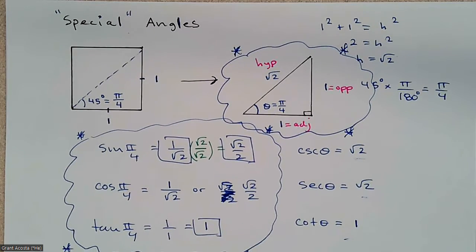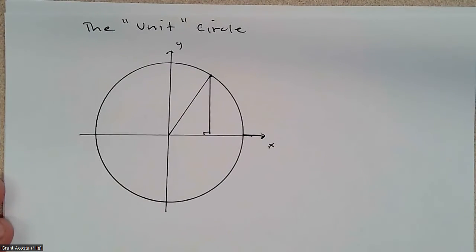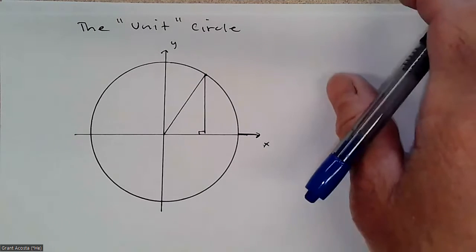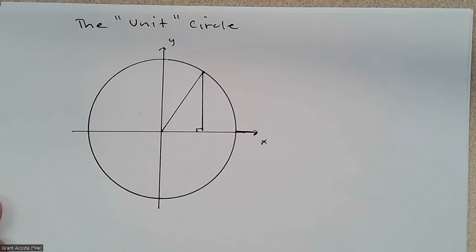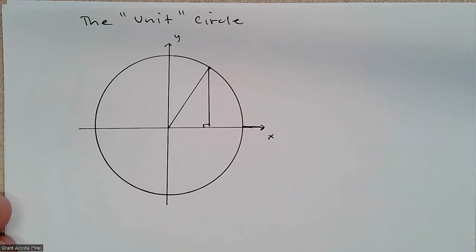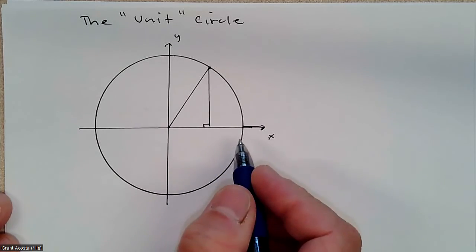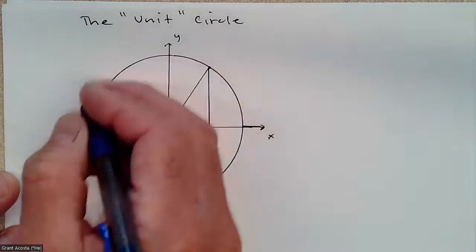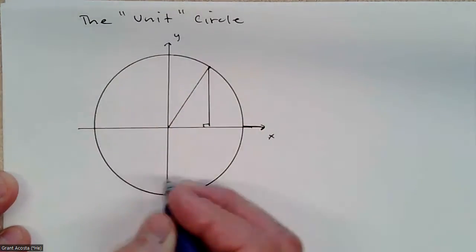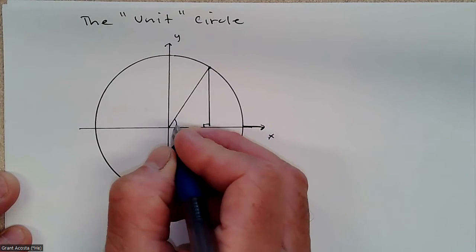Now, there are some other angles that you are expected to know how to find the sine, cosine, and tangent of, but they don't really involve triangles. Those angles would be an angle. So now I'm going back to my triangles being on the circle that we talked about, because that forms an angle here.